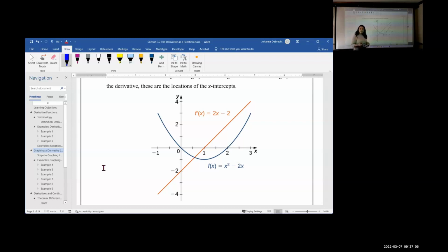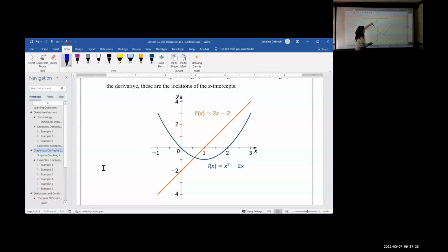Downhill means it's a negative slope and it's more than 45 degrees, so it's more than a -1. Down below it on the graph of the derivative, I have a value that is very steep, -4, and it corresponds to this point where the slope is very steep and negative.